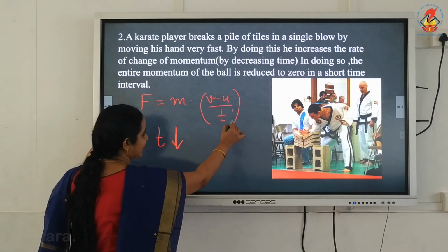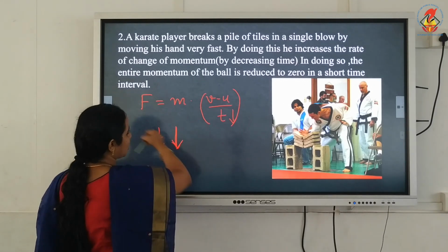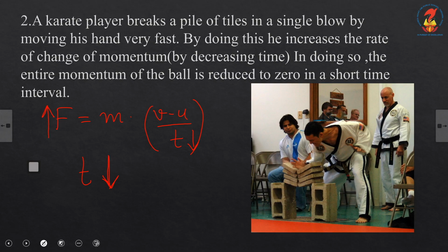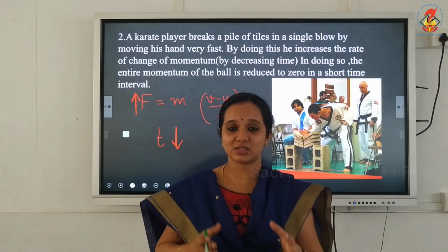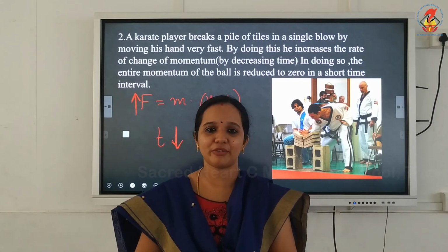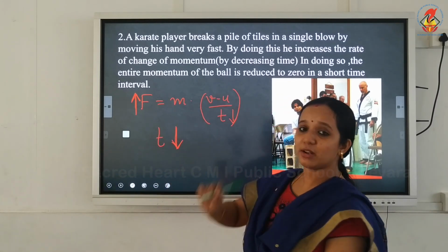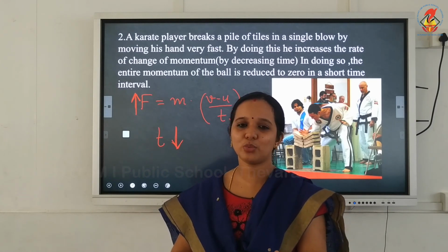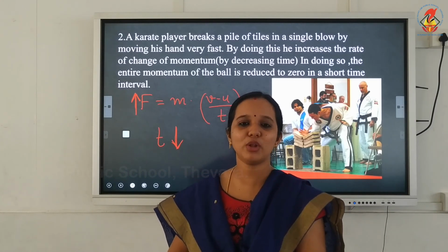When time decreases, according to this equation, the force will increase. When the time interval decreases, the force applied will increase. So, since he is applying a larger force during a short span of time, the pile of tiles breaks with a single blow.